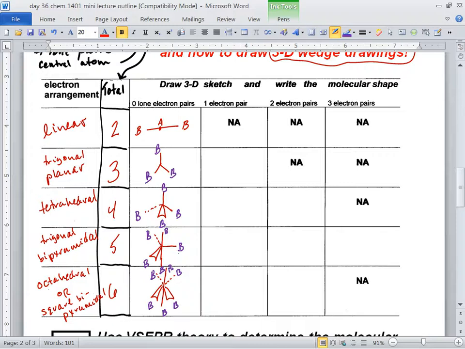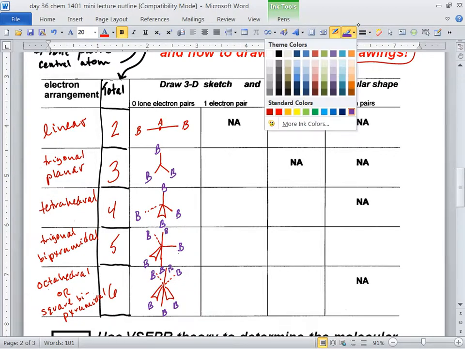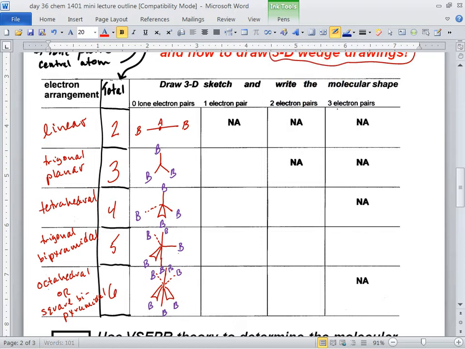But the point is you're supposed to put one lone pair. So you erase a B and make it a lone pair. So I'm just going to make that top one. Oh, let's just do black now. I'm going to erase him, make him a lone pair. So no longer is this trigonal planar. That molecular shape would be, what would that be?